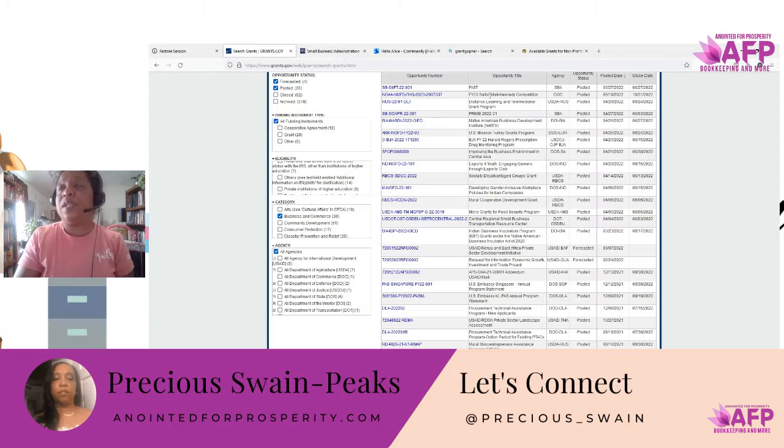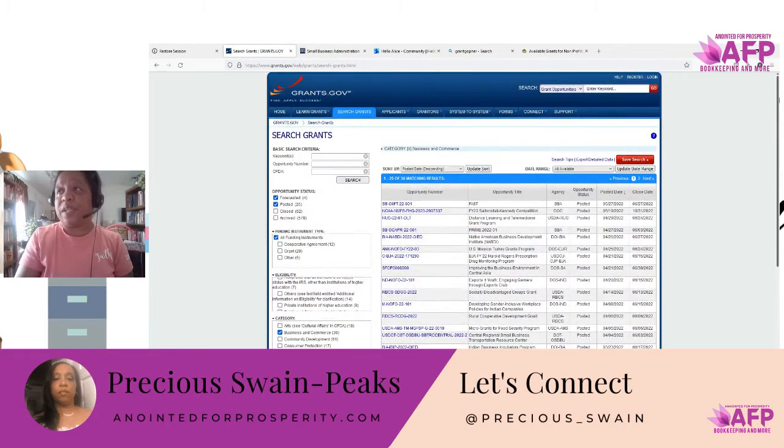So you would go in, it's going to give you the opportunity number, the opportunity title, and it's going to tell you which agency is offering the opportunity. The close date is very important because the close date is going to tell you when the ability to apply is over. That is grants.gov.